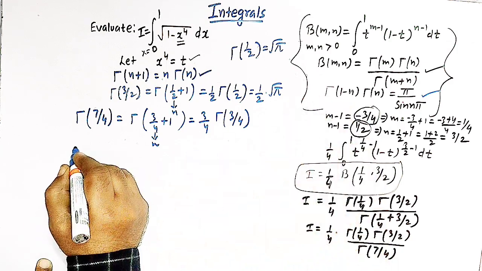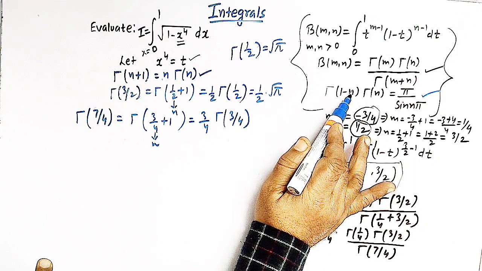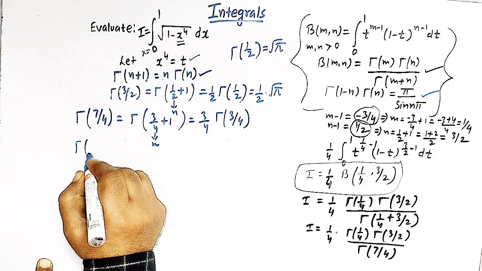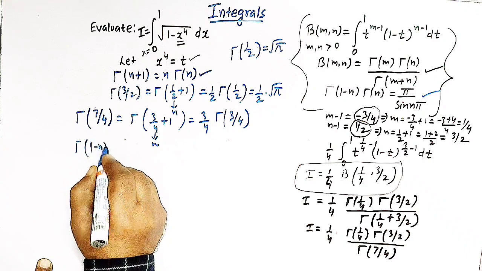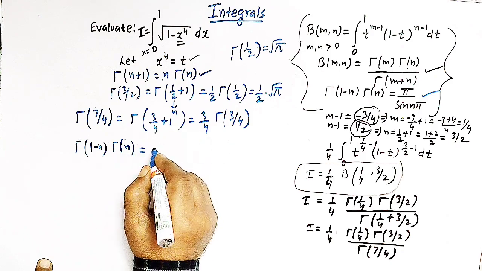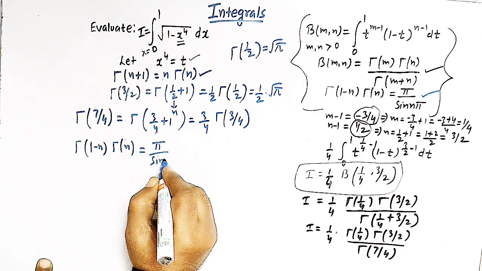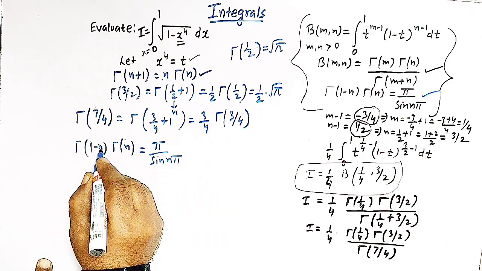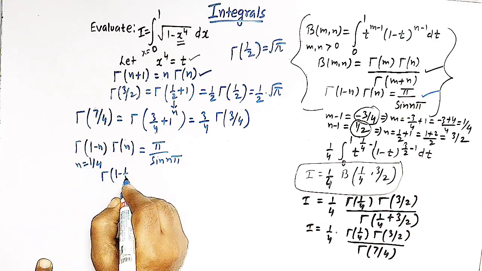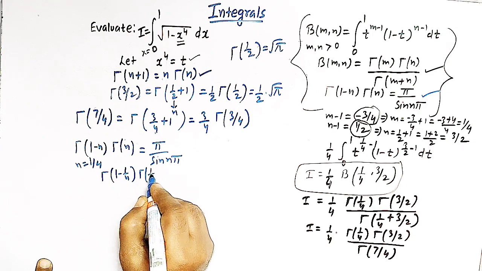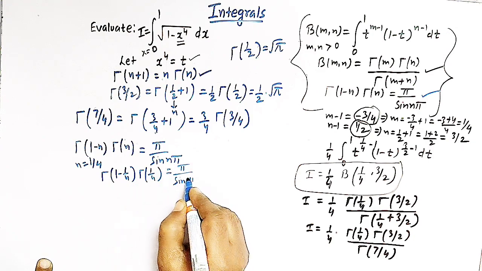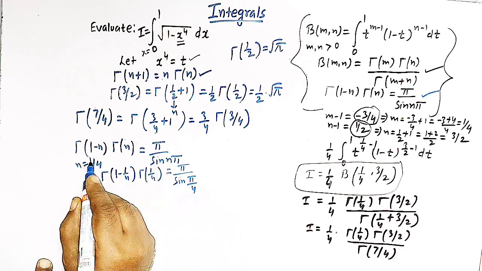So here we can substitute n is equal to 1 by 4. So the Euler's reflection formula is gamma 1 minus n times gamma n is equal to pi over sine n pi. So let us substitute here for n 1 over 4. So gamma 1 minus 1 over 4, then we have gamma 1 over 4, then we have pi divided by sine pi over 4, because n is 1 over 4.